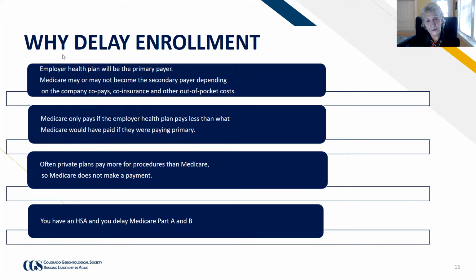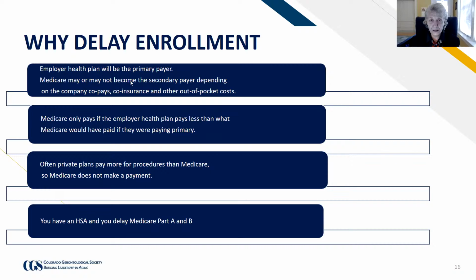So the question really becomes, why would you want to delay enrollment? Well, the easy one is that your employer health plan will be the primary payer. They're going to offer that to you as an employee benefit, and you should take advantage of it because it is a benefit that your company offers, and it's something that you're entitled to.